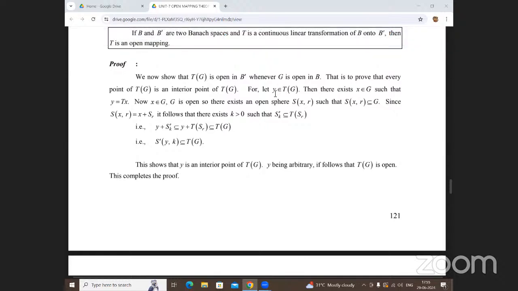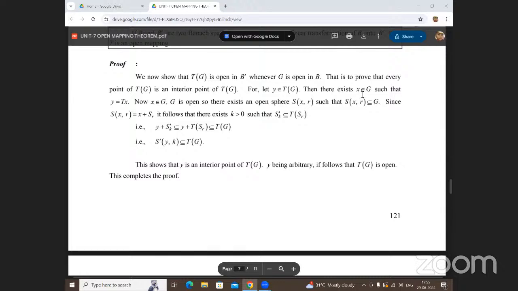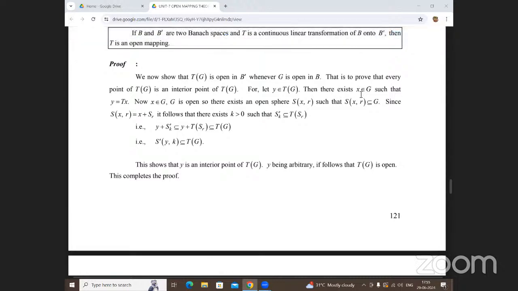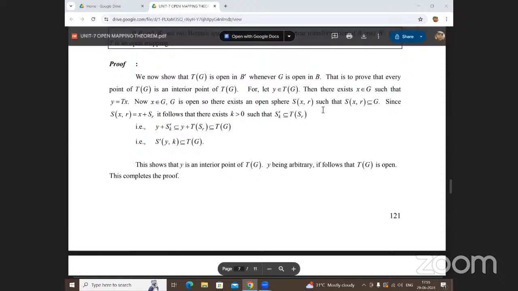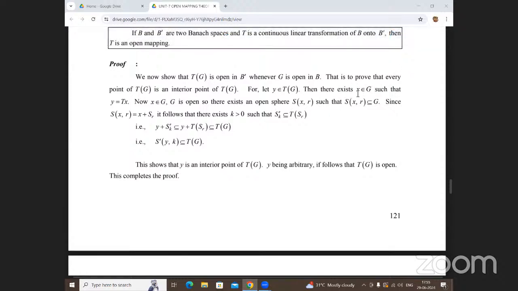Already we have discussed in the above lemma that y belongs to T of G. And according to the open sphere with center x and radius r, here x is one of the elements in the open set capital G, such that the open sphere of the element, say small x, also belongs to capital G.